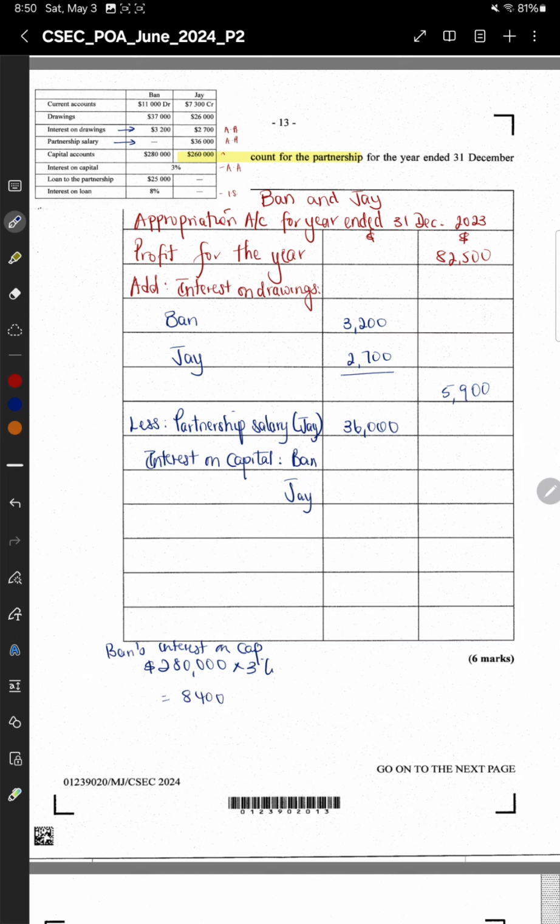And J is 260,000 times 3%, and that's 7,800. So we have 8,400 and 7,800. Let's add these up.